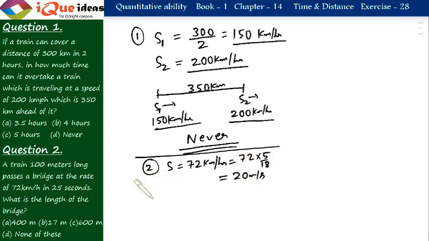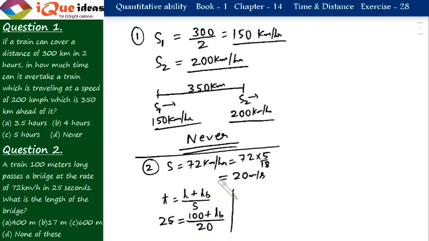Now the time taken to pass the bridge would be equal to length of the train plus length of the bridge divided by speed of the train. Now time taken is given, that is 25. Length of the train is given 100 plus length of the bridge we have to calculate, divide by speed 20.